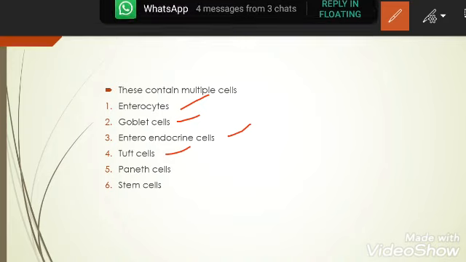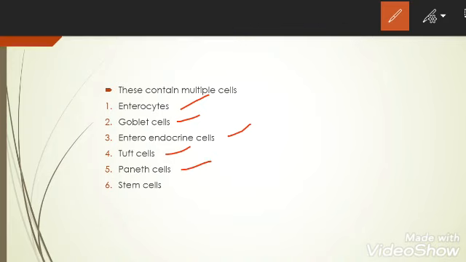Next we study about the Paneth cells. Paneth cells have the property of antimicrobial peptide production, because there are certain microbes, called antigens, which invade into the small intestine.